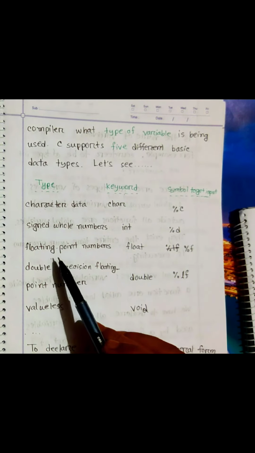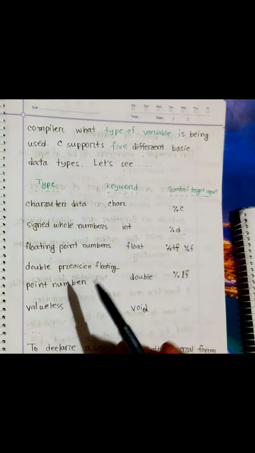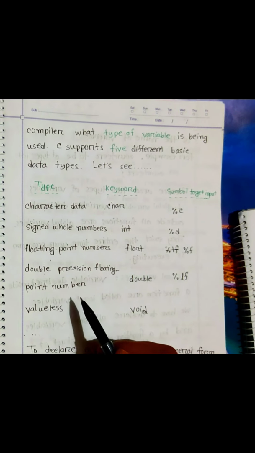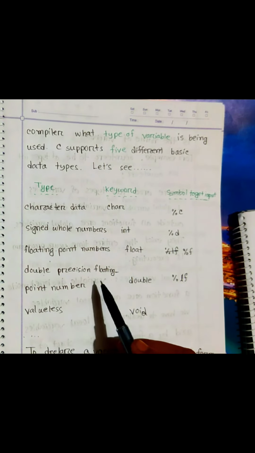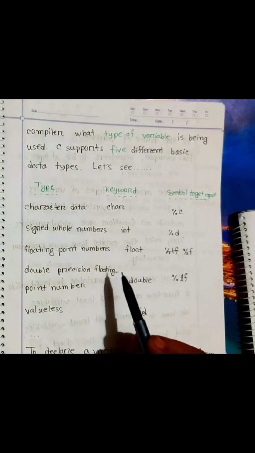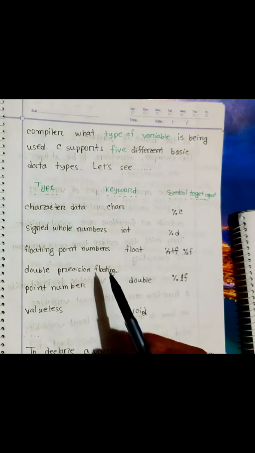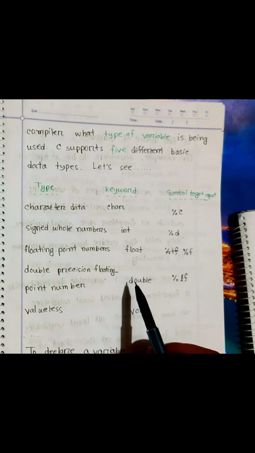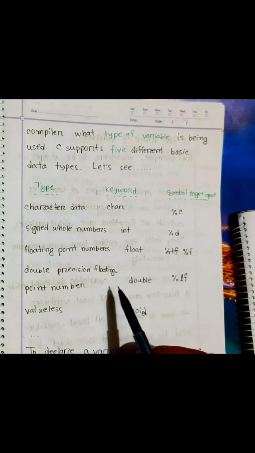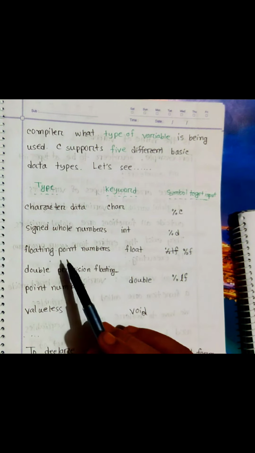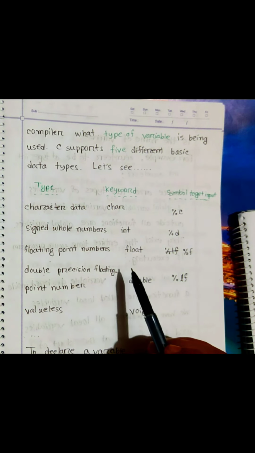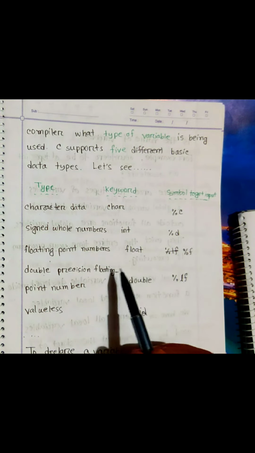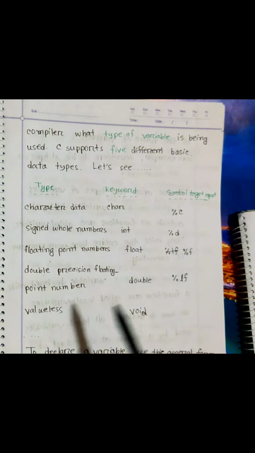The difference between floating point numbers and double precision floating point numbers is that a double precision floating point number can hold more values than floating point numbers. When we write a big program, we will use double instead of float. But while just getting an output of some summation of floating numbers, you can use float.